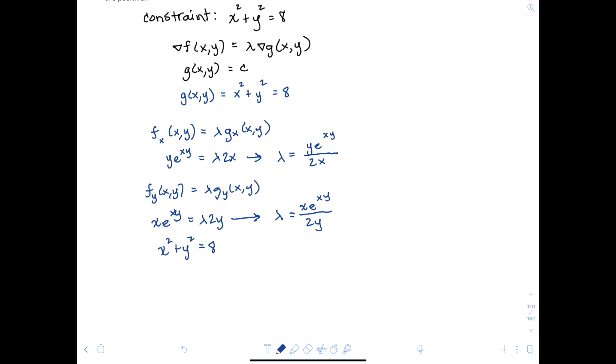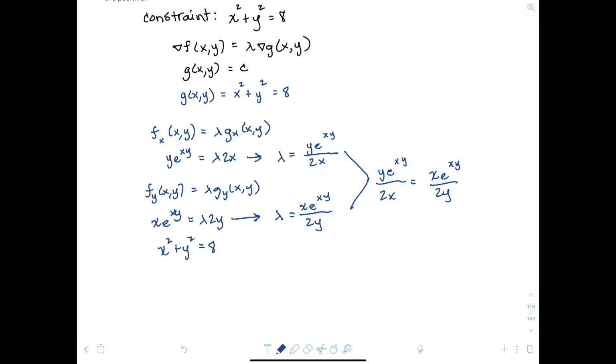You can either see by inspection that y has to equal x, or you can set these two equations equal to each other because they both equal lambda.